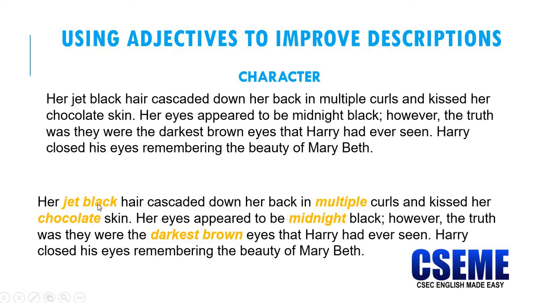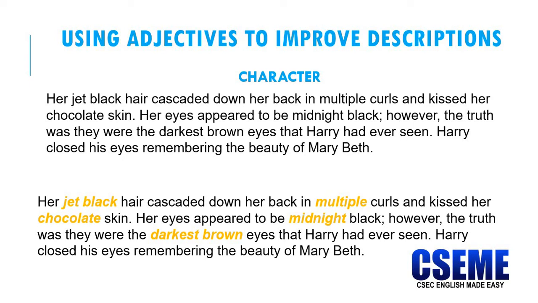The question on the table is, why would the writer use the adjectives jet black? What image is the writer trying to create? What message is the writer trying to convey to the reader? If you said how deep and dark Mary Beth's hair is, you are correct.